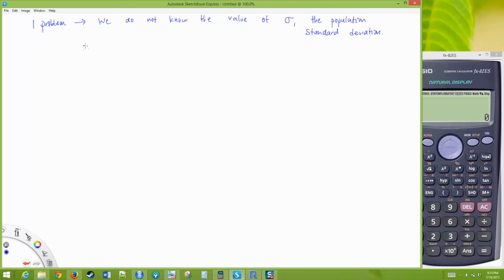So our current best guess is S, our sample's standard deviation.